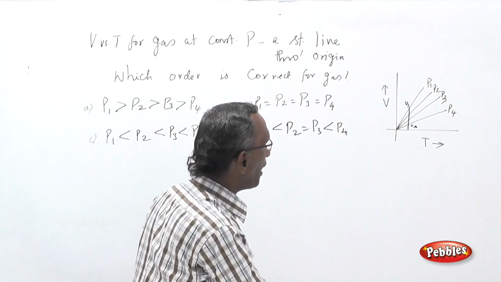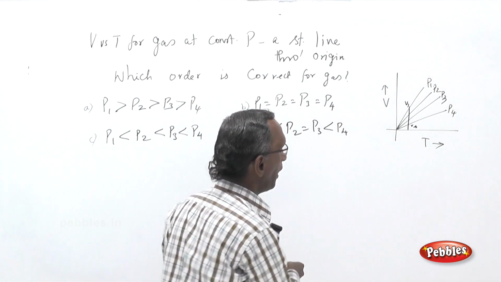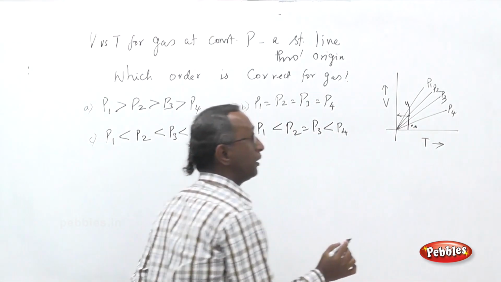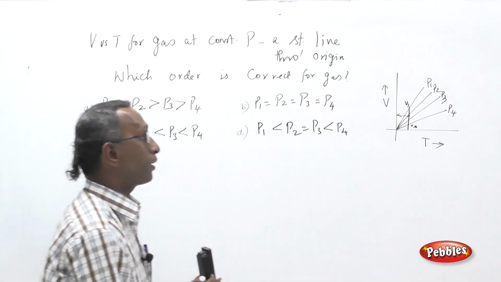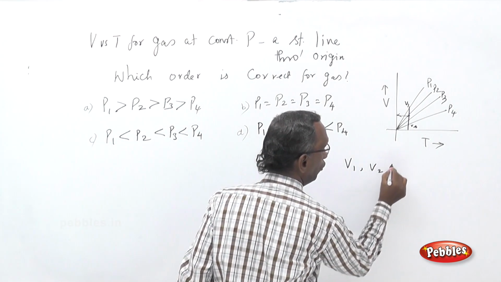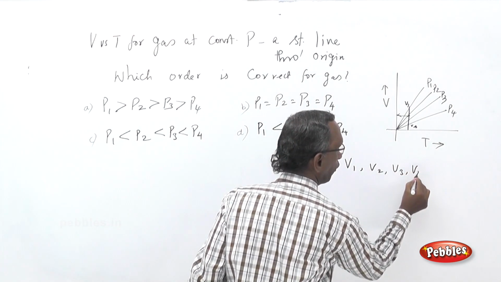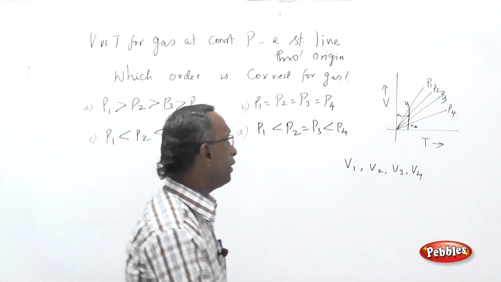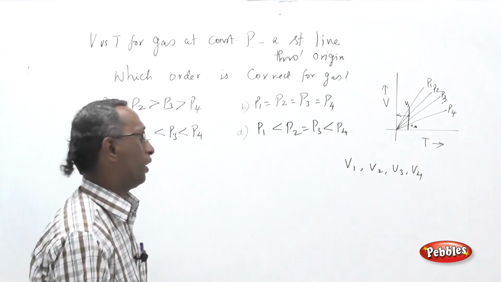A parallel line means it bears a constant distance from the volume axis. So the 4 different volumes are V1, V2, V3 and V4.